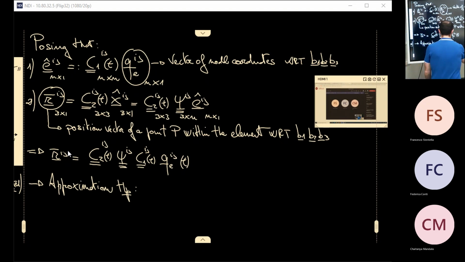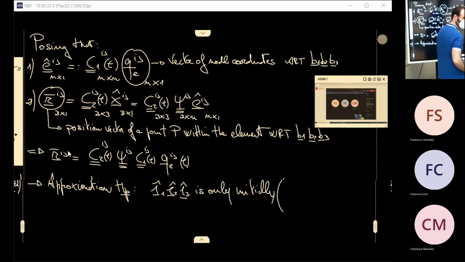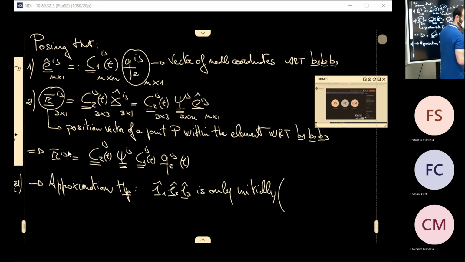So we say that I1, I2, I3 overhead is only initially, meaning before deformation, at deformation 0, meaning that if you have a rigid motion, they continue to be always rigid. What makes them not parallel anymore is the presence of a deformation.